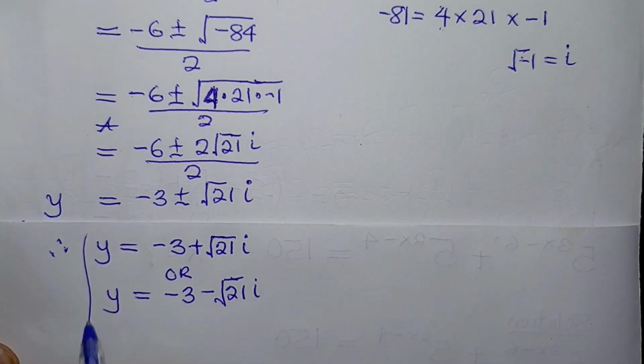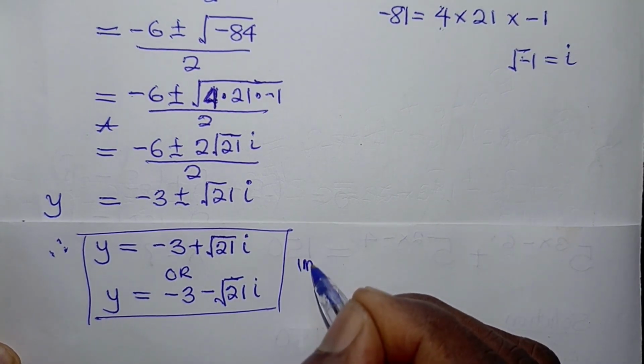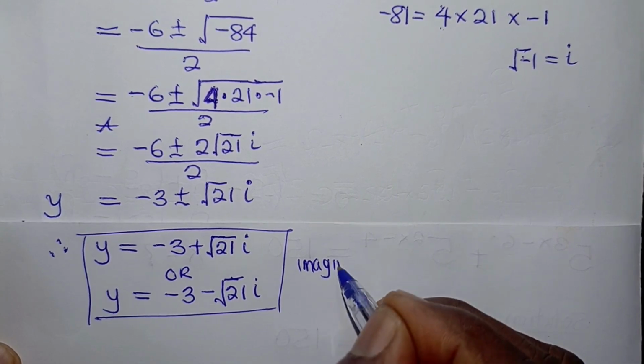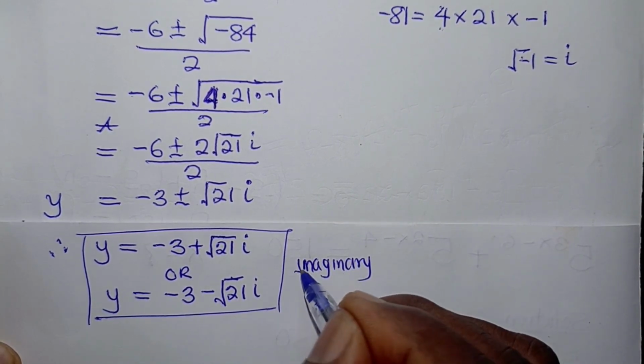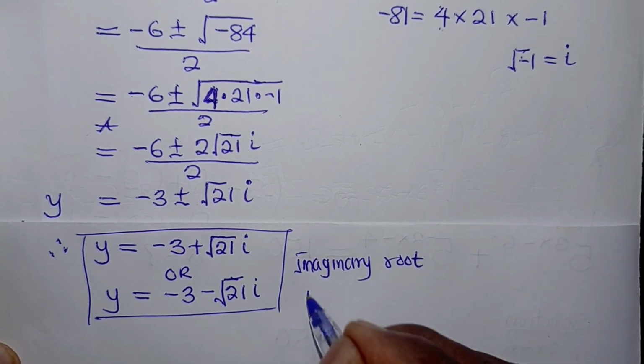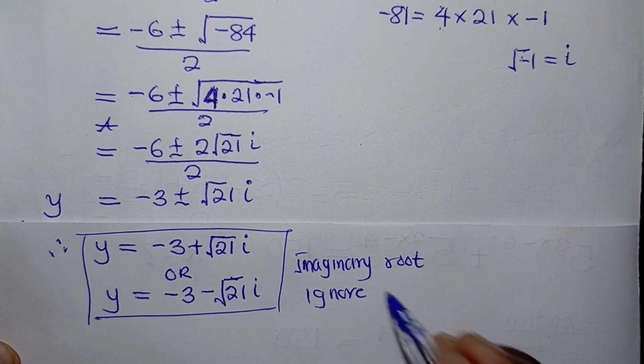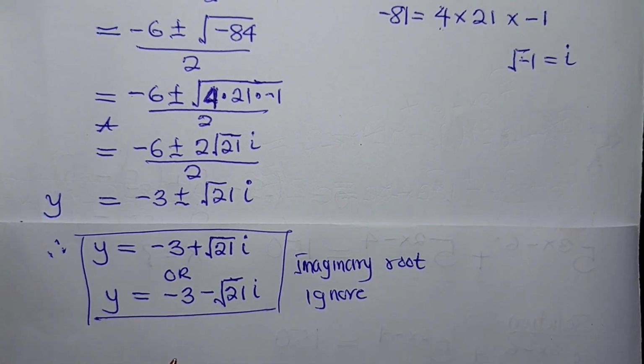So these are the other set of values for y. But these are considered as imaginary roots. So we ignore them. Alright, so we ignore it.